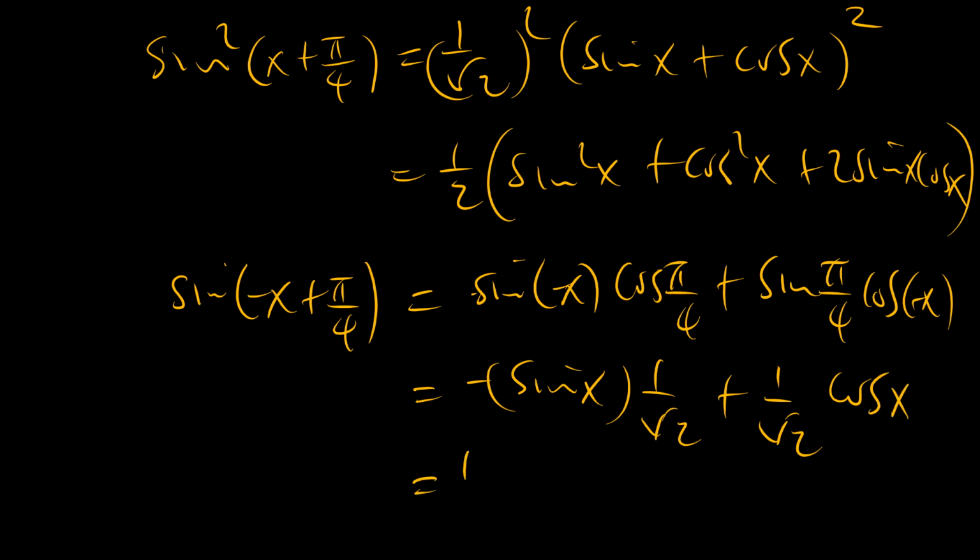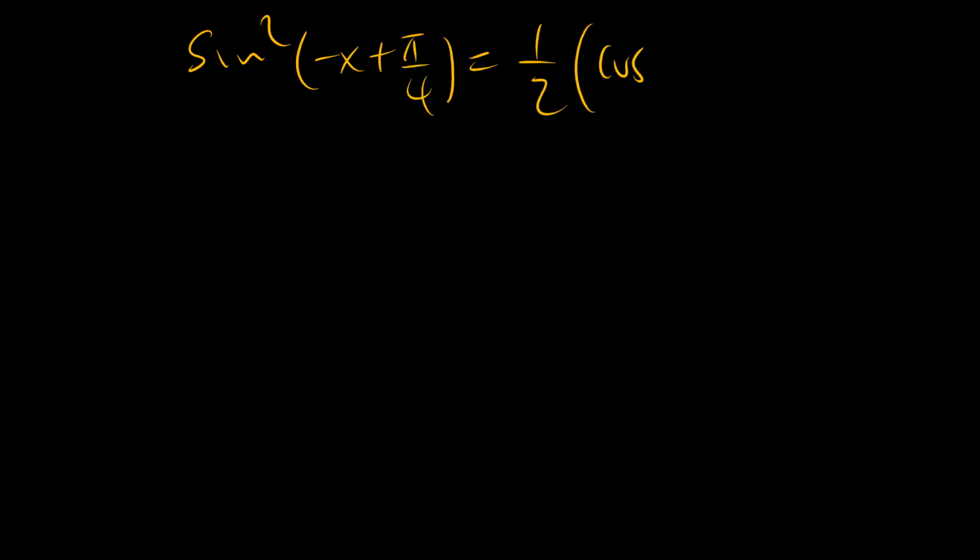So which is the same as 1 over root 2 times (cosine x minus sine x). Therefore, sine squared of (negative x plus pi over 4) is the same as a half times (cosine squared x plus sine squared x minus 2 sine x cosine x).